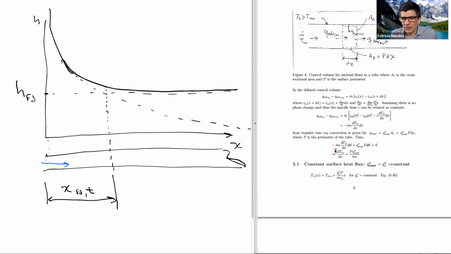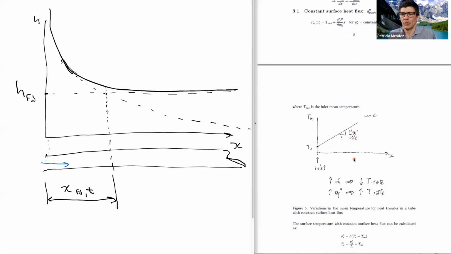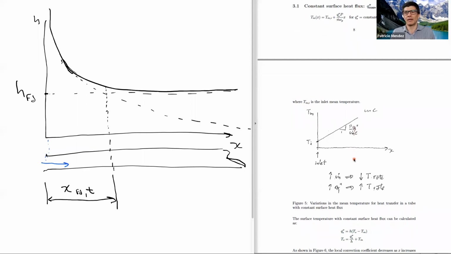Now, this equation here is actually very useful to us, and it's very general. It says the gradient depends on the heat flux and the mass flow. So let's see first the case in which the pipe is receiving a constant flux of heat.